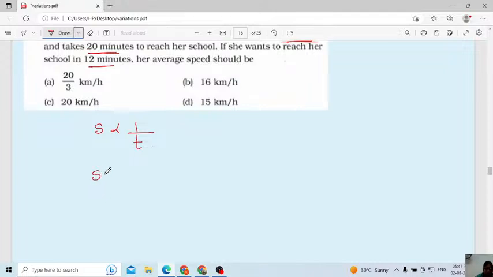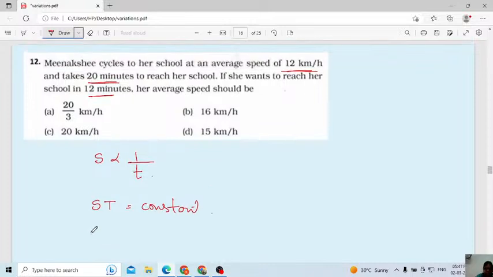Speed into time, or velocity into time, you can consider, it will be constant. Here they have given two conditions. Make use of that. Yes, Usharani, 20. Very good. Then here, 12 kilometer per hour, that is 1. Next one, 20 is in minutes, therefore if you want to convert, divide by 60.